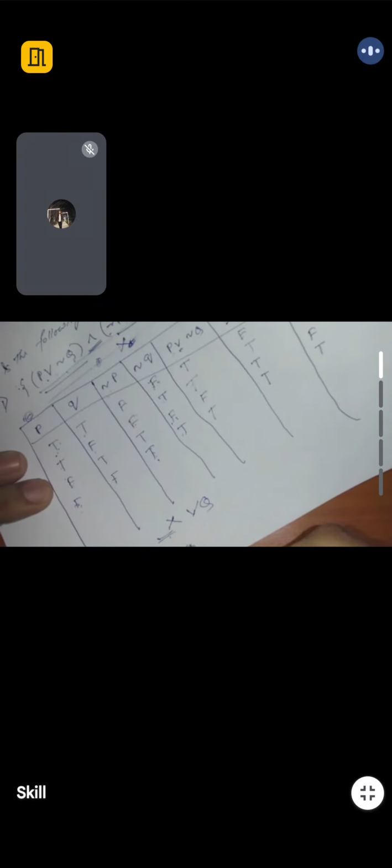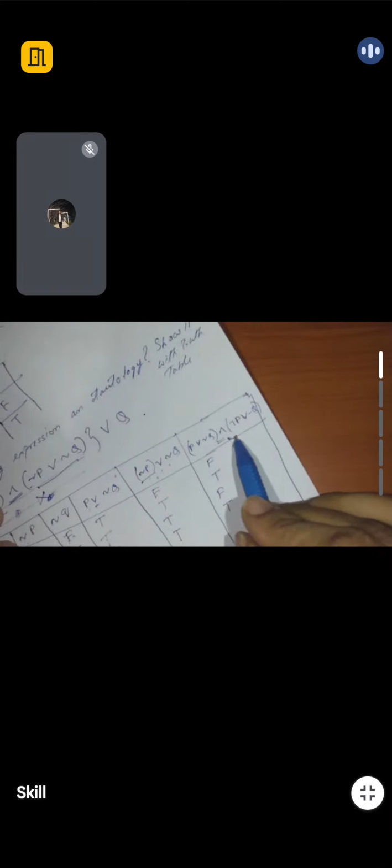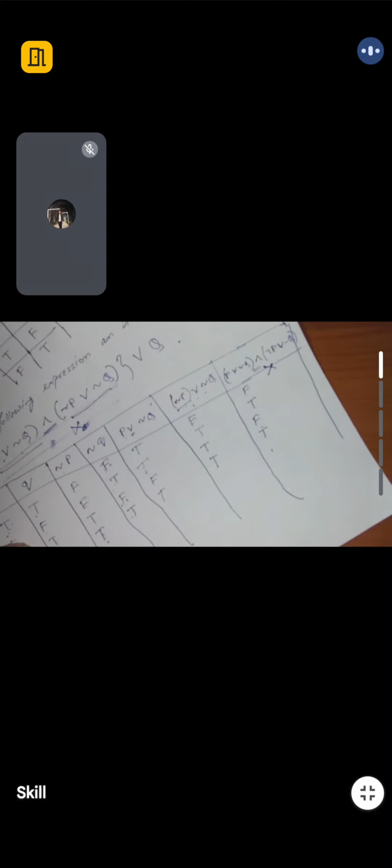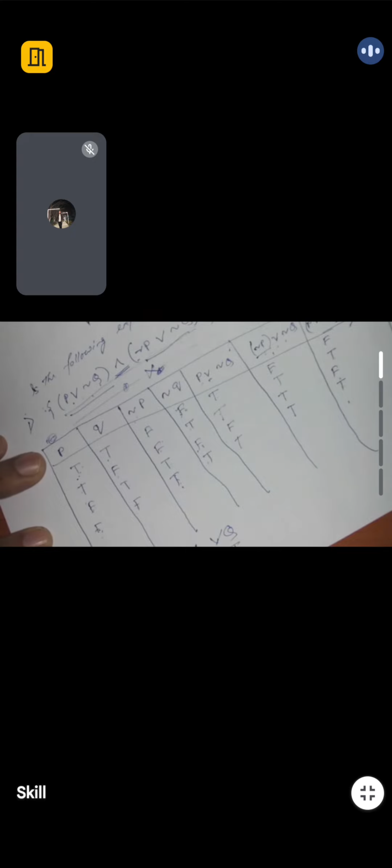Okay, x OR q. So false, true, false, true. This expression I have written. So what is the q value? You see here, T, F, T, F. Basically we are doing the OR truth table.